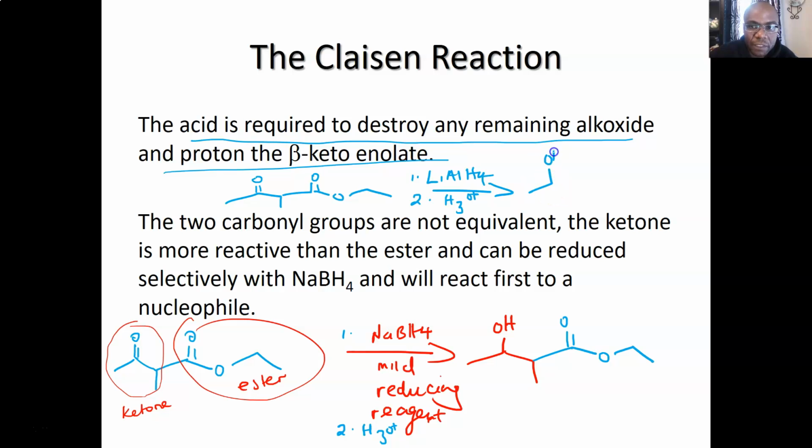That's gonna reduce the ketone to the alcohol and the ester to the alcohol. So you get a primary alcohol from the ester, secondary alcohol from the ketone. Of course, the whole arm here will fall off as ethanol, right? Using a strong reducing agent. With a mild reducing agent, only the ketone reacts, the ester survives.